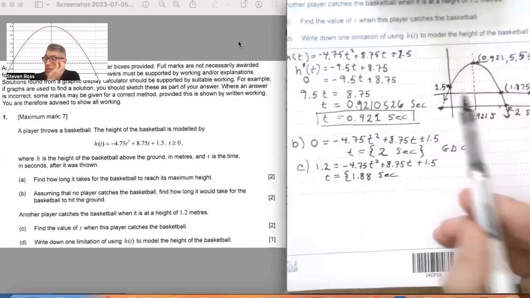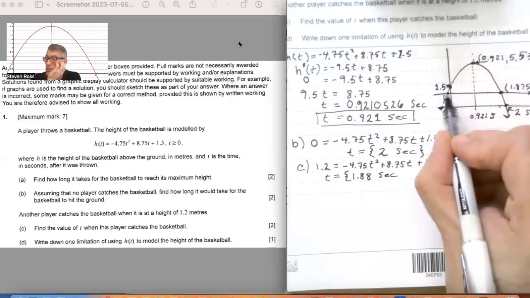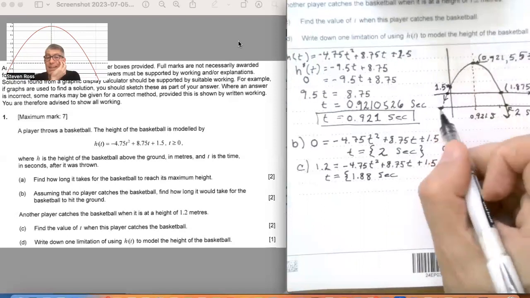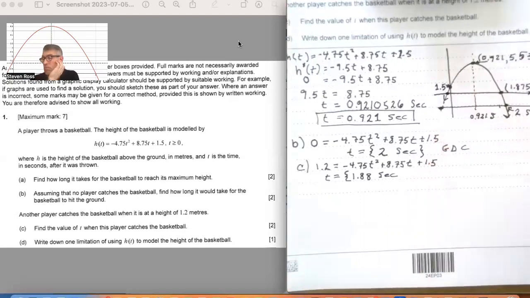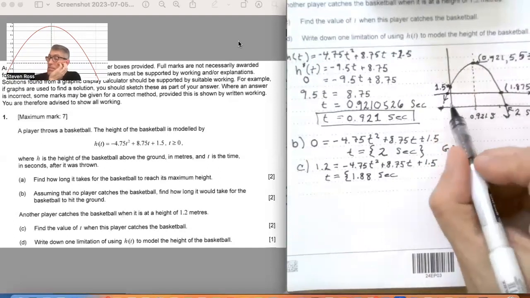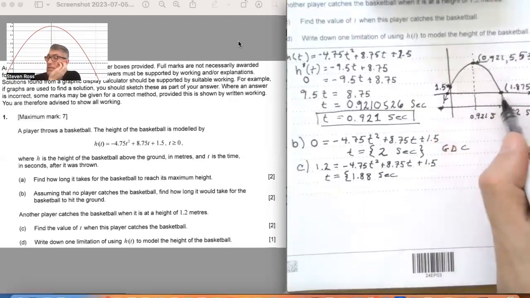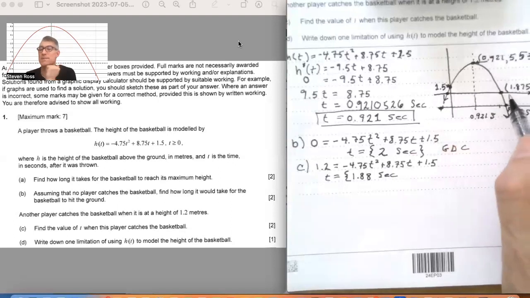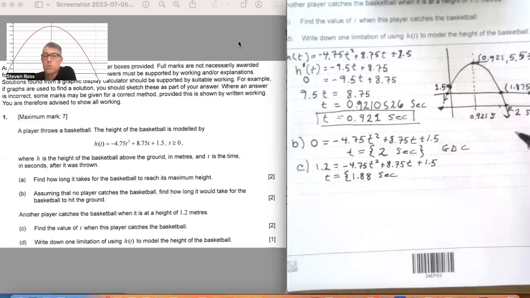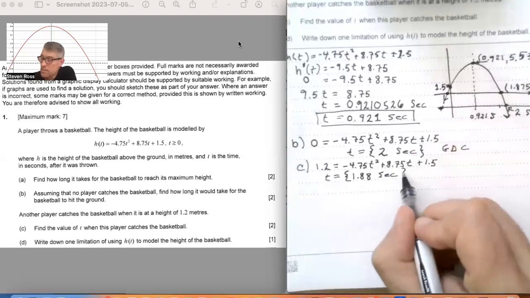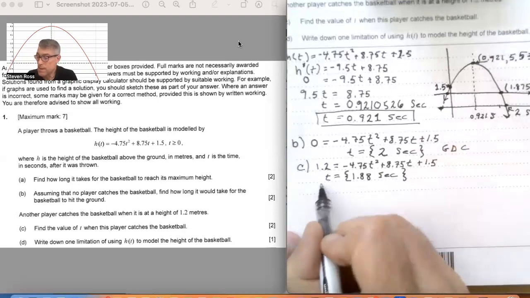And there's another bogus answer over here that also is negative time, which doesn't really make sense for the question, but we're interested in positive time. Kind of set that at the very beginning, that time has to be greater than or equal to 0, or it has to be positive. And so 1.88 seconds is going to be that answer.